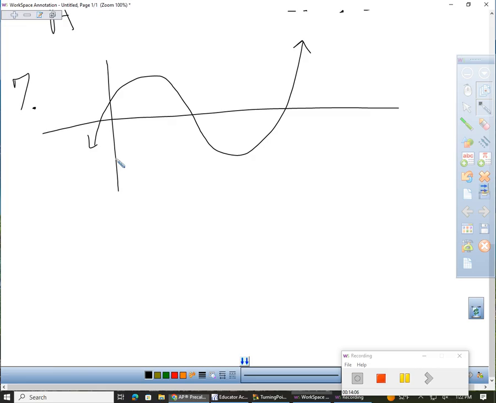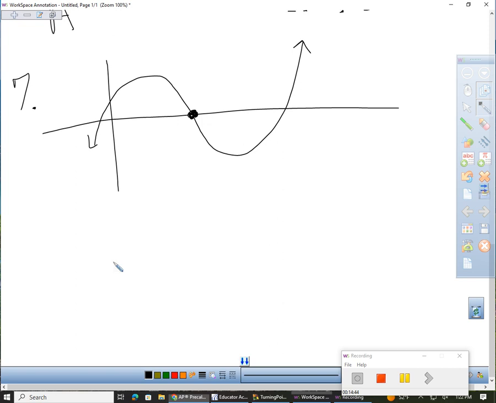So here's what we need. If we want to know when it's a maximum, we need to find the zero of the function where it goes from positive to negative. So we want this zero right here. Second and trace. Go to your zero.